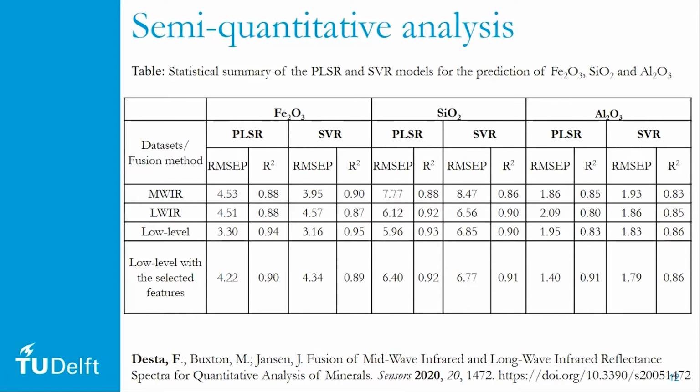Moreover, data fusion significantly improved the model prediction accuracy, as you can see here. Comparing the models using the linear and nonlinear techniques, it shows some variation, but all in all, we can say the results are somewhat comparable.